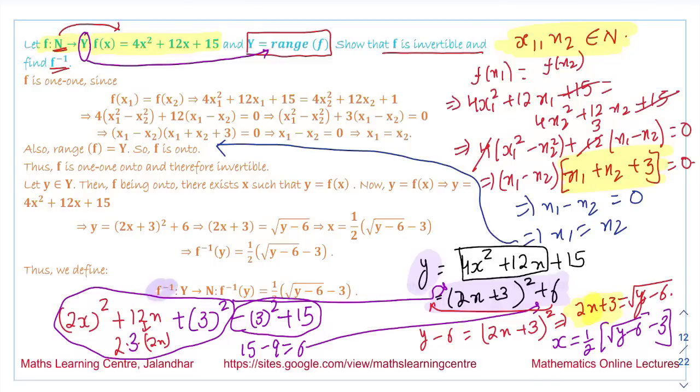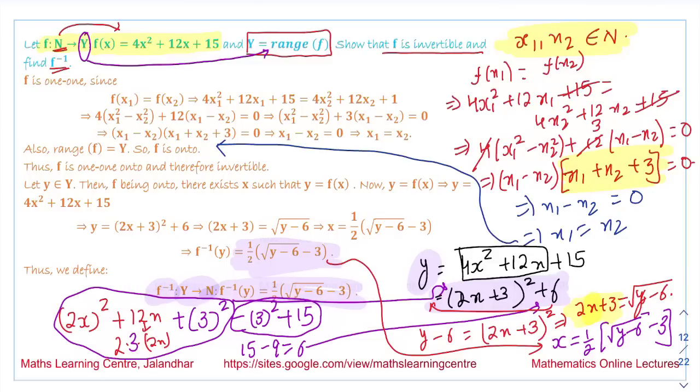So the function f is defined from Y to N, and the definition of f inverse is given by f inverse equal to 1 by 2 square root of y minus 6 minus 3.